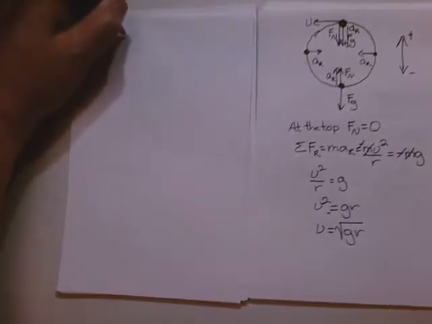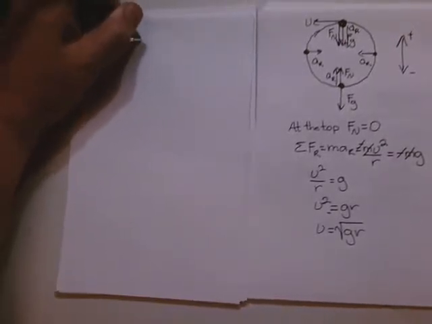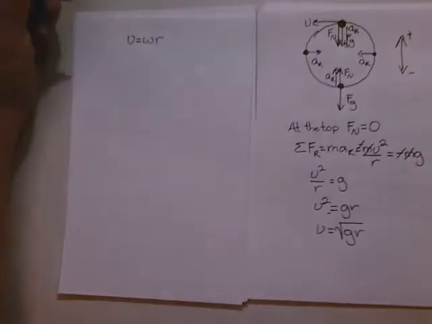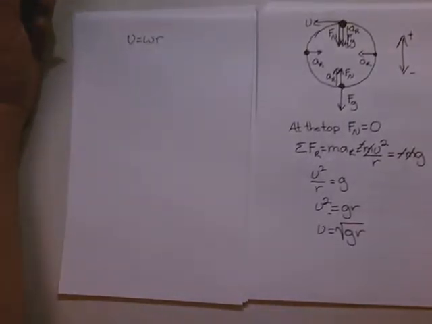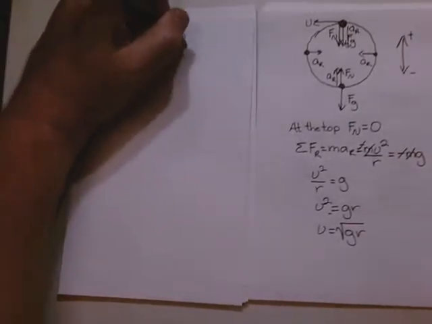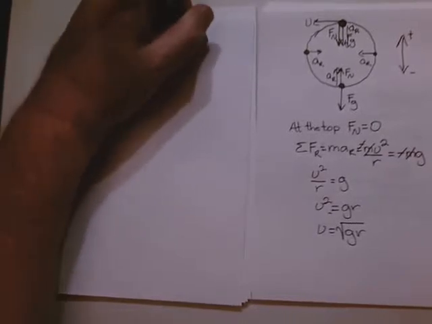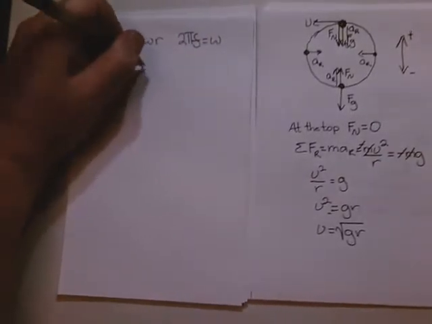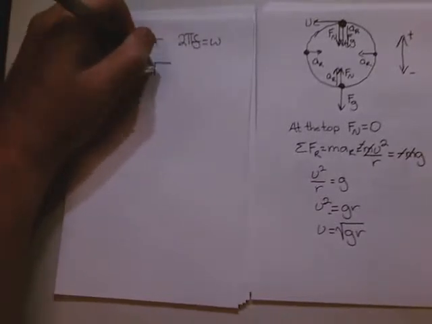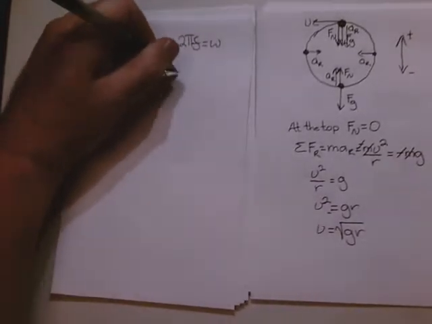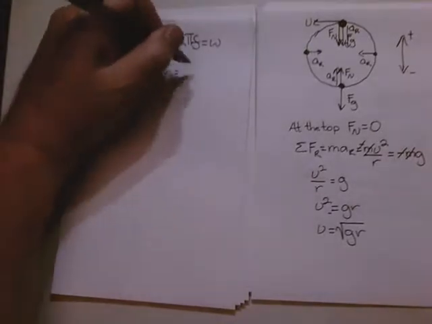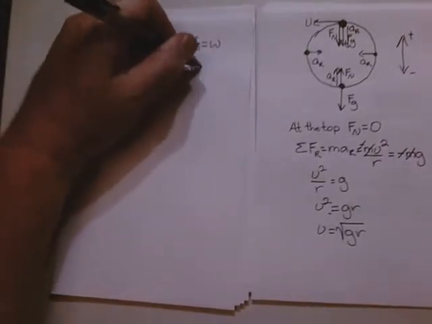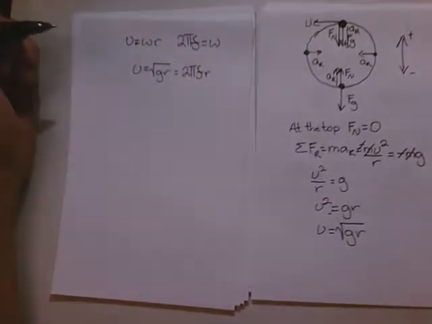Well, in circular motion there are some conversions. v is equal to omega r, and 2 pi f is equal to omega. So this v, which is equal to the square root of gr, is equal to 2 pi f r.